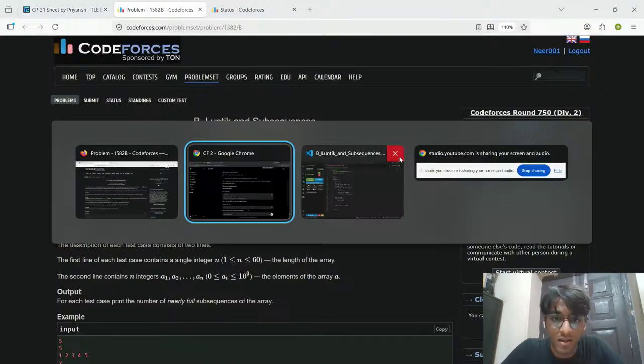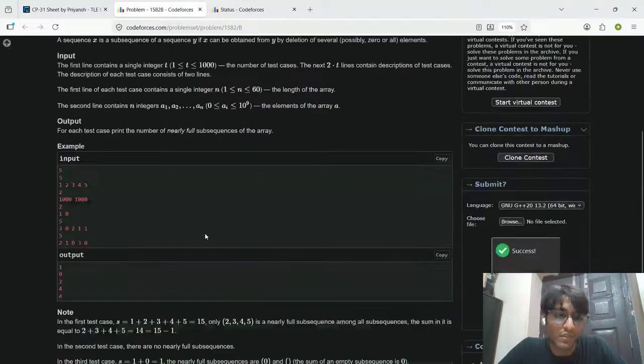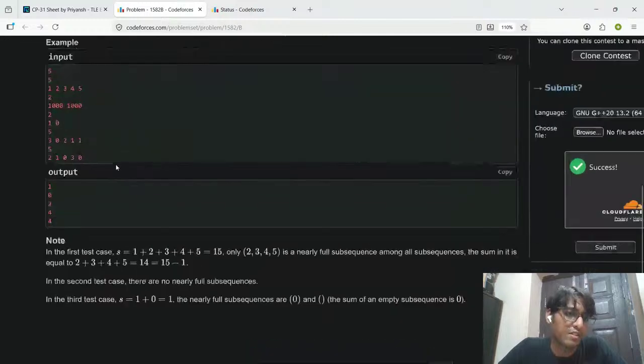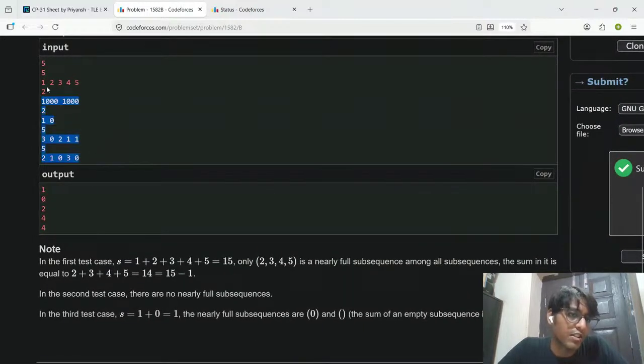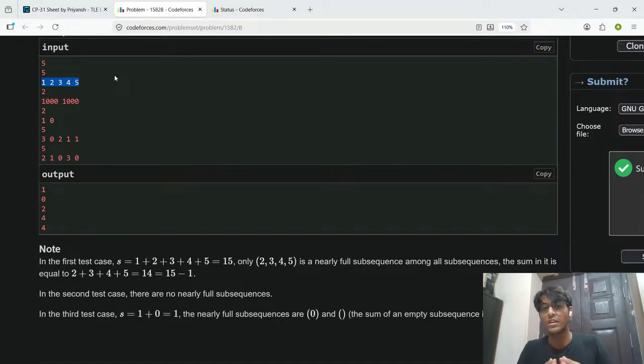Now, in this, I actually thought about a lot of test cases, and I saw that for every one, the answer increases by one, right? Because every one gets a new opportunity that we can interchange it with another, like we can either not use it or we can interchange it, so it increases the solution by one.